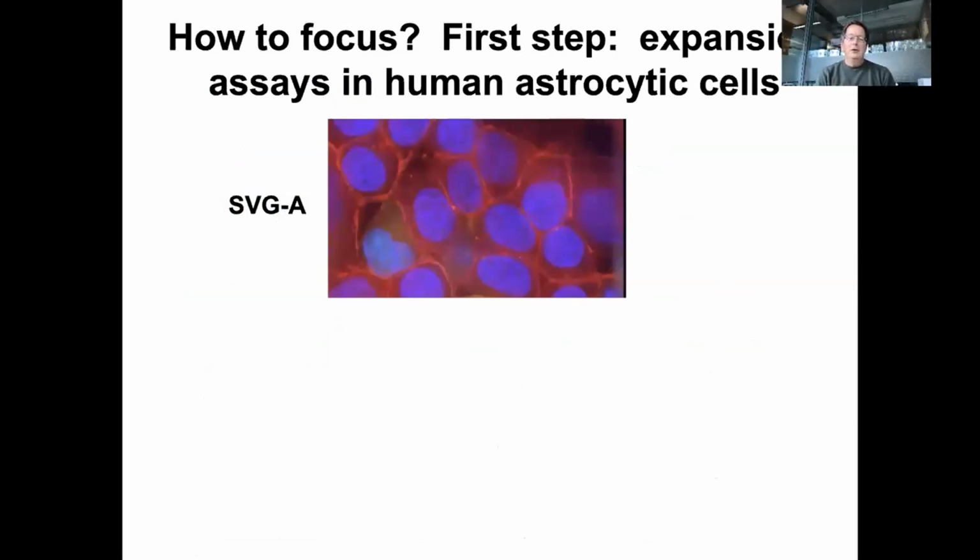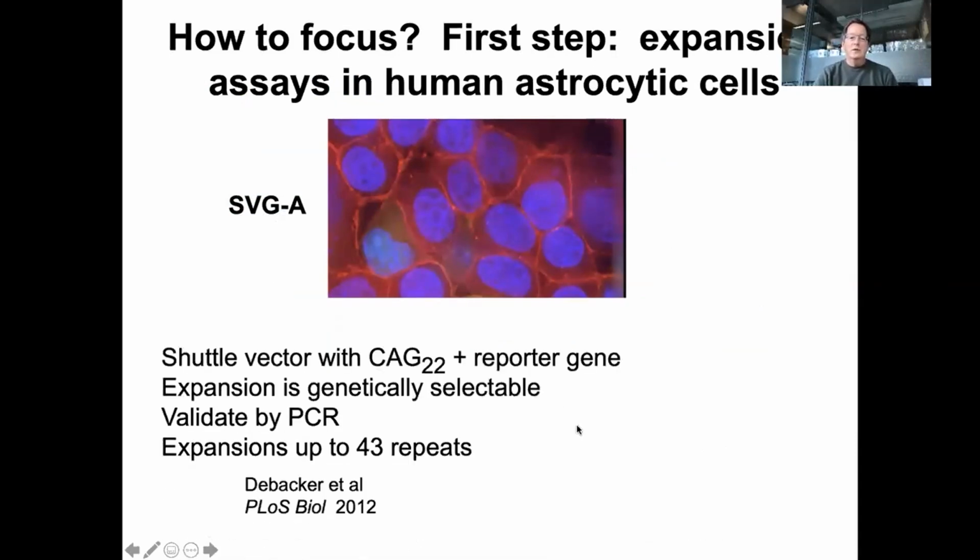My lab uses primarily cells grown in the laboratory in tissue culture dishes, and they're human cells called SVGA. The reason these cells are useful is because we've developed a system where we can actually measure expansions in the cells in the culture dish. So it's a relatively rapid way of assessing what's going on with expansions and understanding their mechanism. Here's a little bit of the nitty-gritty of how the assay works, but I'll just show you one bit of it.